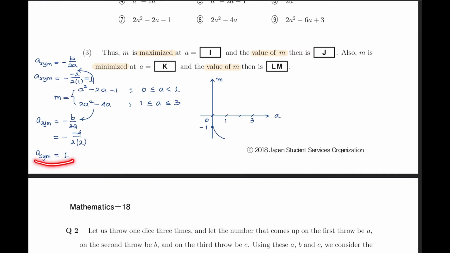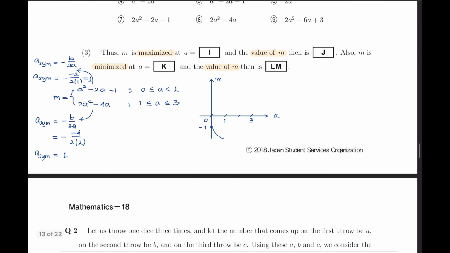So when a equals 1, if you substitute into this equation, 2 minus 4, you get negative 2. So when a equals 1, the value of y or m is negative 2. I will assume it should be something like this.